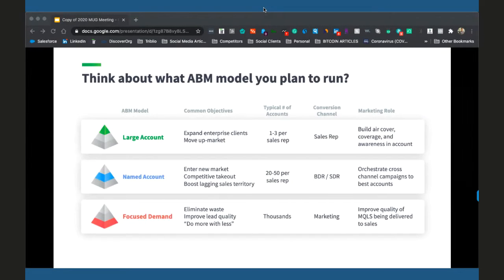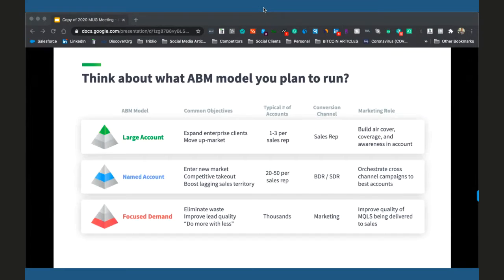It could be in the hundreds or the thousands of companies. But the ideal focus is actually still demand generation. So it's improving quality of MQLs that are actually delivered to sales. But if you're thinking about what are my objectives of that particular program, it would be trying to do more with less, focusing on lead quality, or even eliminating waste in terms of your program.